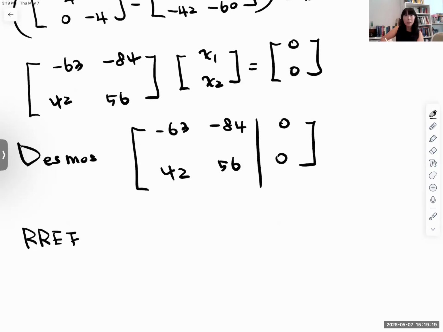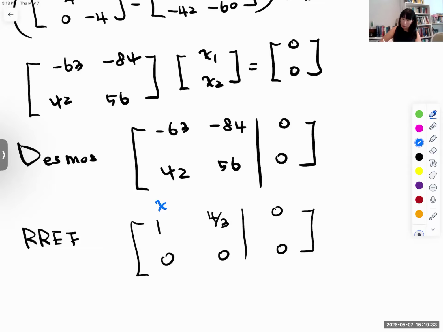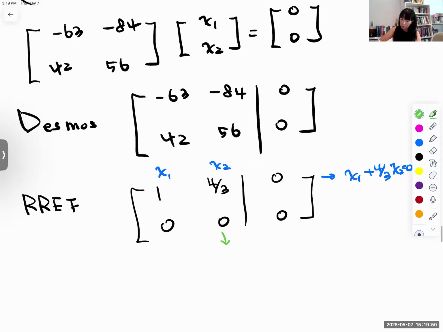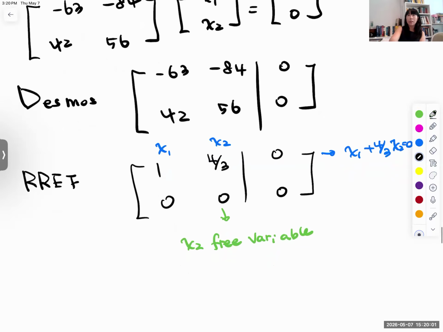We have 1, 4 over 3, and 0, 0, 0, 0. So x sub 1 plus 4 over 3 x sub 2 equal to 0, and x sub 2 is a free variable, so we can pick any number for x sub 2. Let x sub 2 equal to negative 3 over 4.